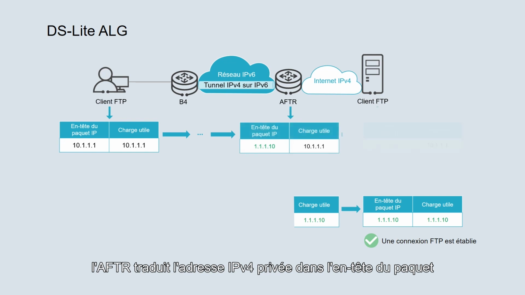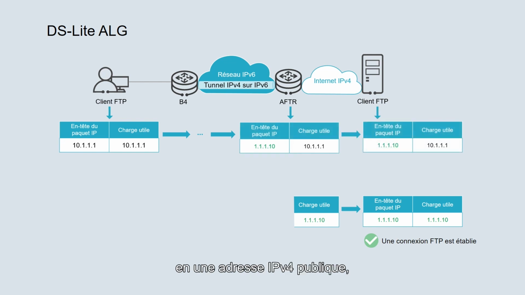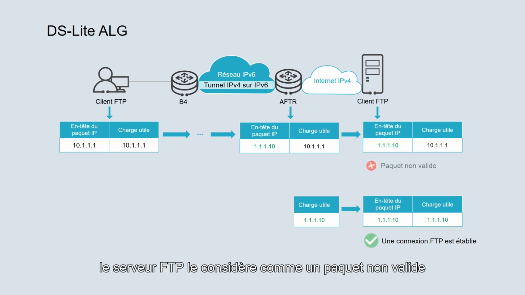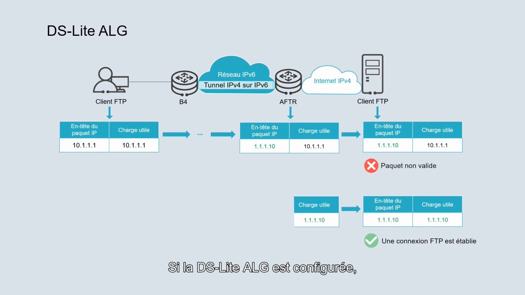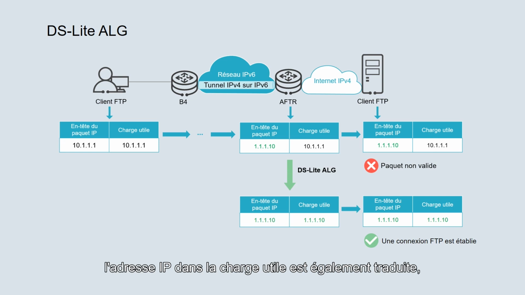IPv4 address in the packet header into a public IPv4 address, but does not translate the IP address in the payload. After receiving the packet, the FTP server regards it as an invalid packet and cannot communicate with the FTP client. If DS-Lite ALG is configured, the IP address in the payload is also translated, and the two parties can then communicate.